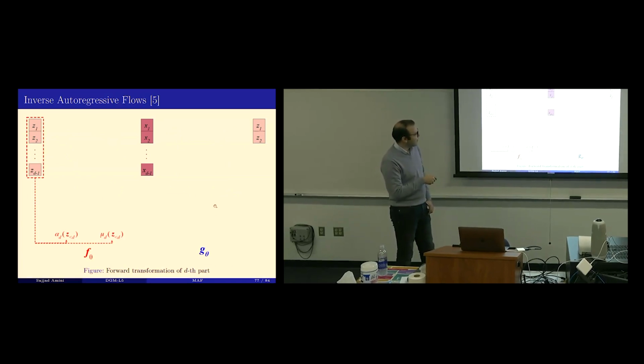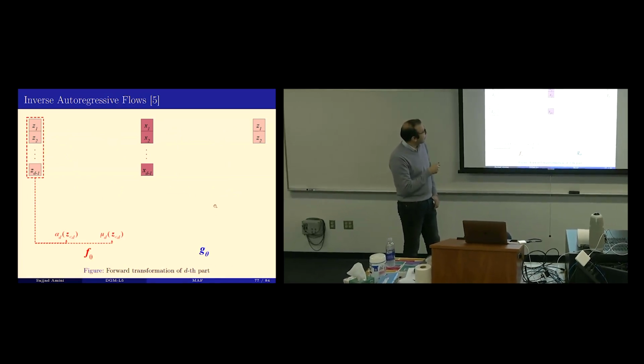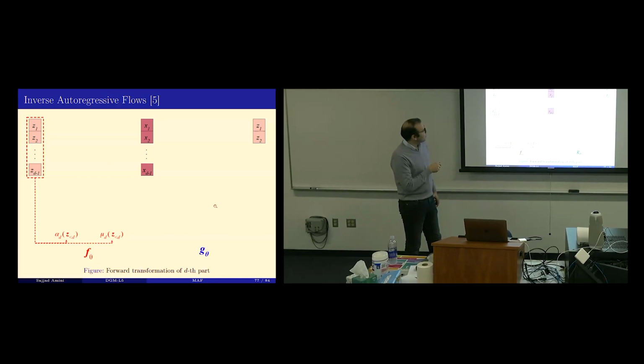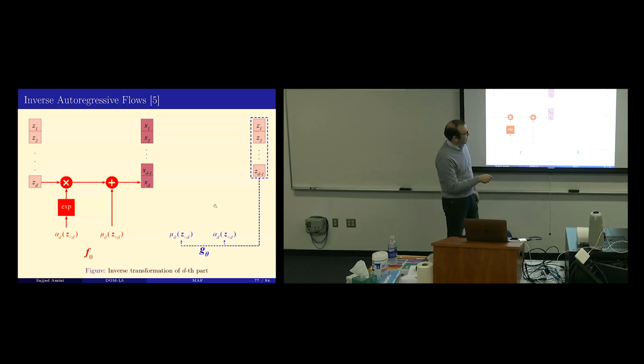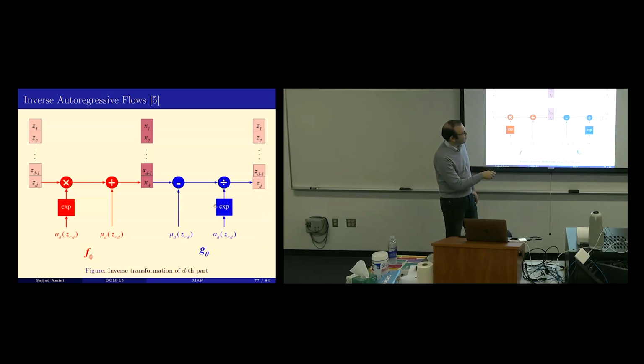At an arbitrary D element, you input z1 to zD minus 1 to generate alpha D and mu D, and then use them to modulate zD into xD. The inverse can also be easily done. These values are exactly the same because you input the same vectors into your neural networks, so you can cancel the operations to generate zD.